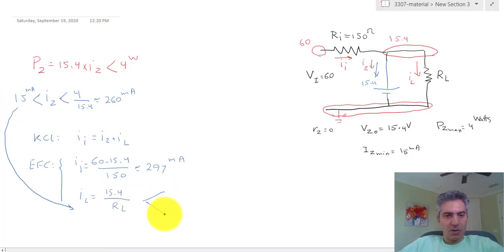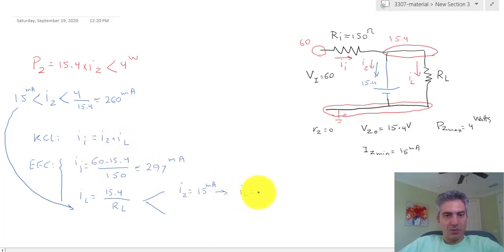One time I'm going to assume IZ is 15 milliamp, from which you can then calculate IL.